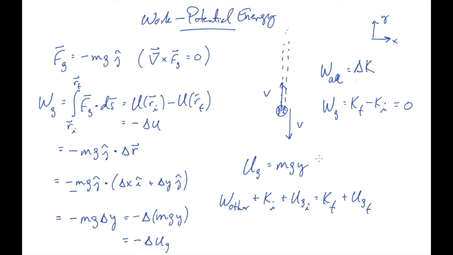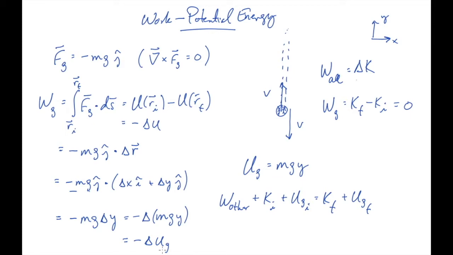The important thing when it comes to looking at how an object's moving is how that potential energy function changes. Its value relative to a reference doesn't matter. What matters is how it changes. When it comes to potential energies, it's always the change in the potential energy function that matters. Okay, so that's our first conservative force. It's the gravity force.